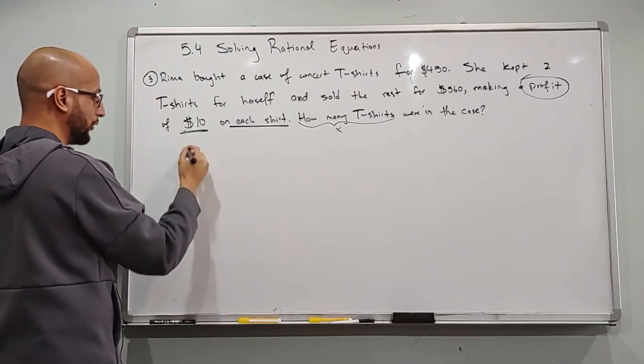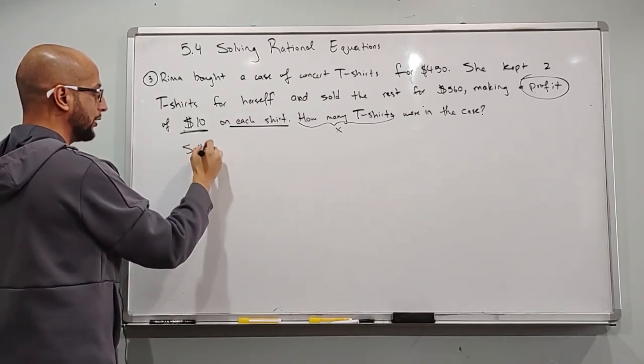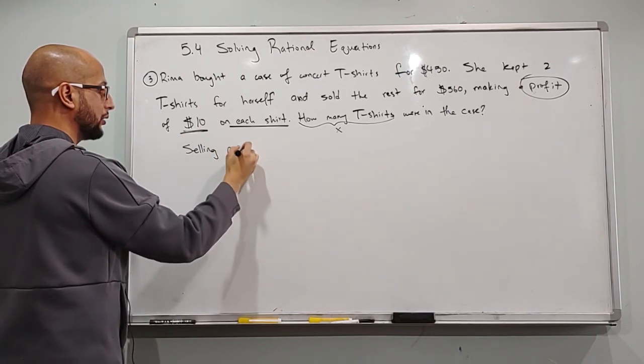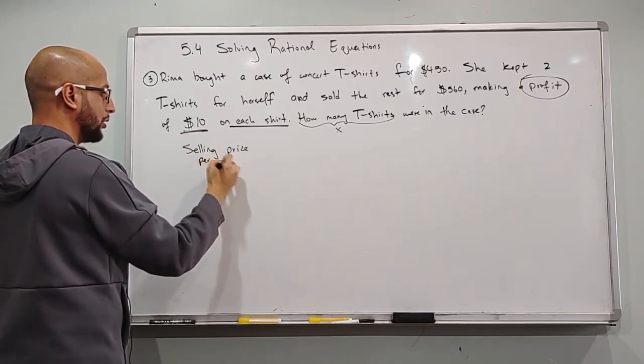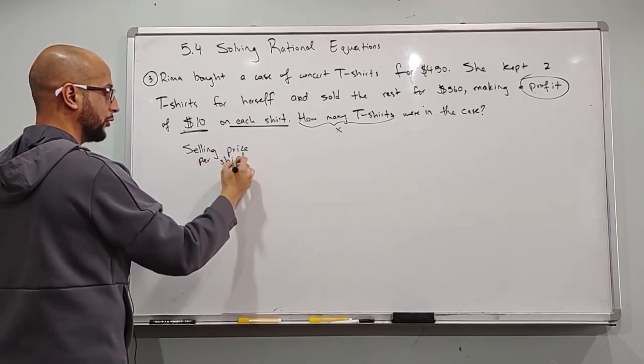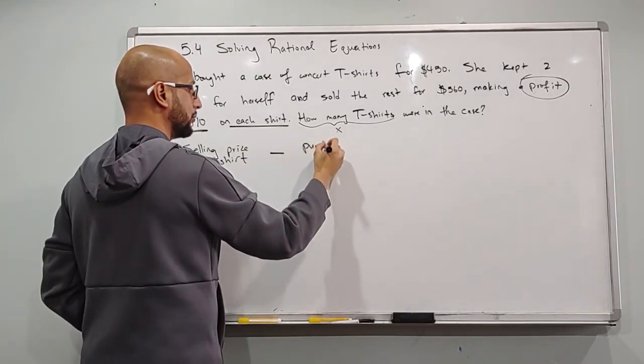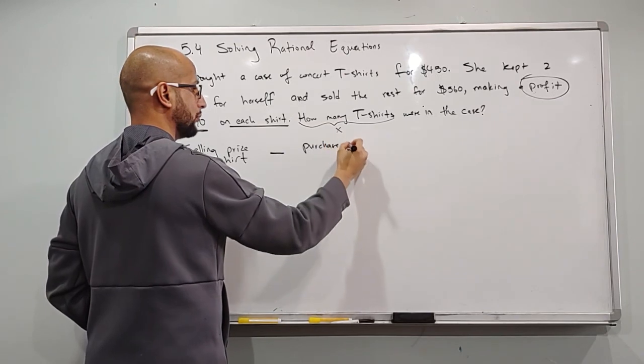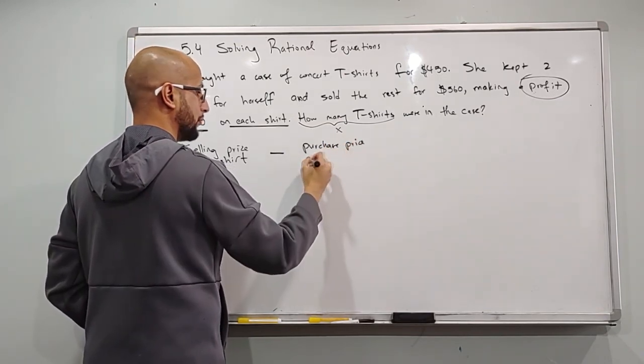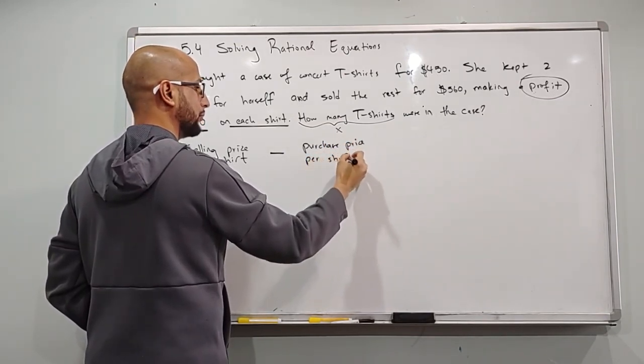So the amount that you sell for, let's call it selling price per shirt, minus the purchase price per shirt.